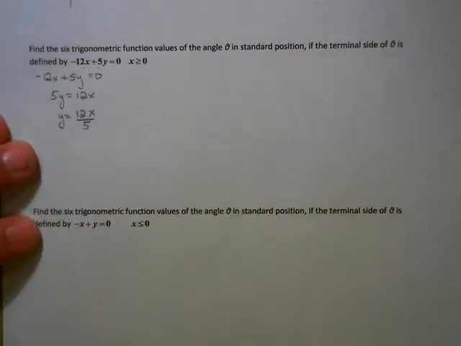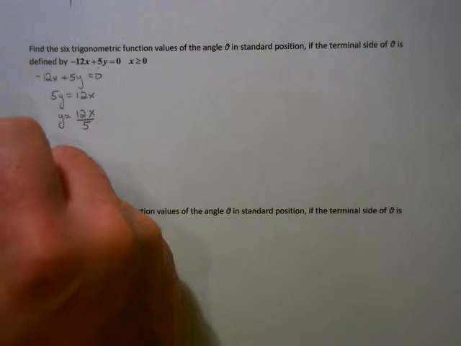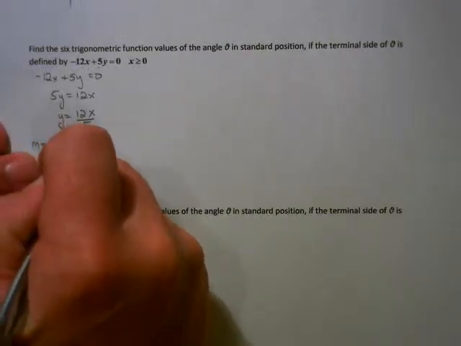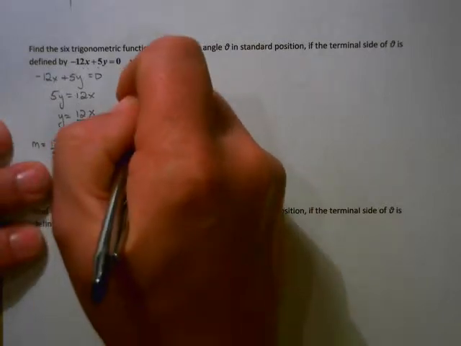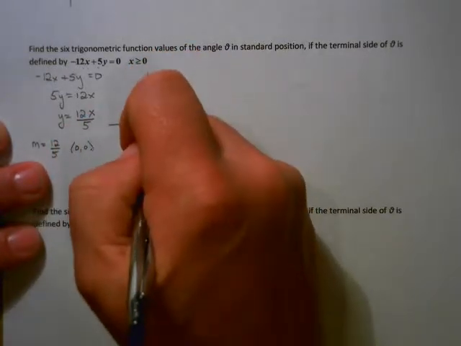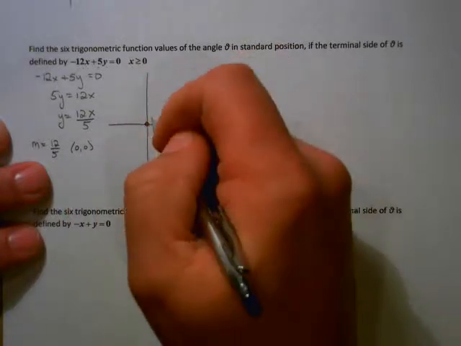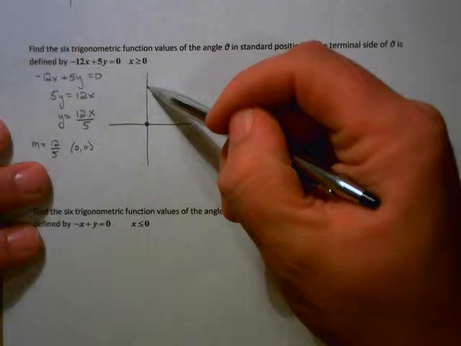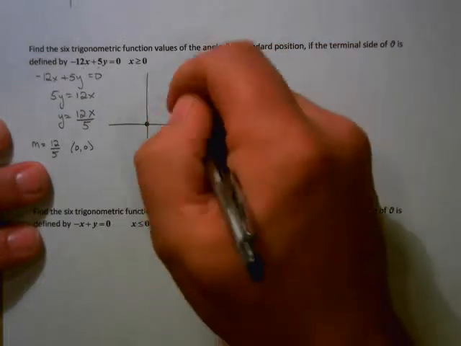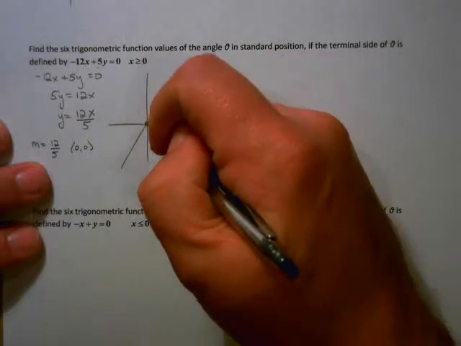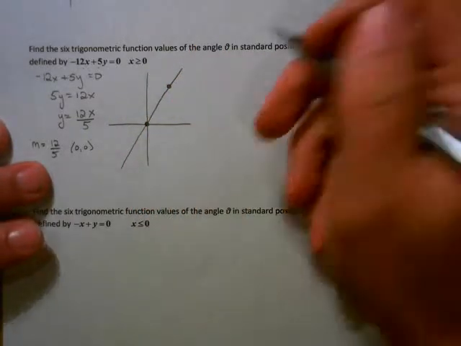This is a linear equation where the slope is equal to 12/5 and the y-intercept is 0, 0. So if we were to graph this, we're going to start here at 0, 0. We're going to rise 12. You can see that. Rise 12, run 5. And we would have our line that we're graphing.